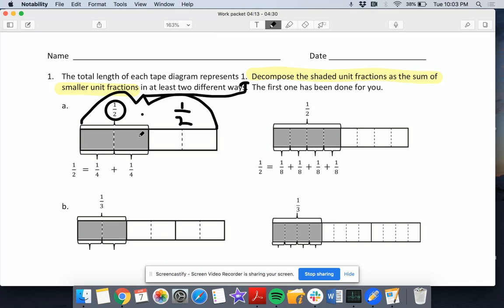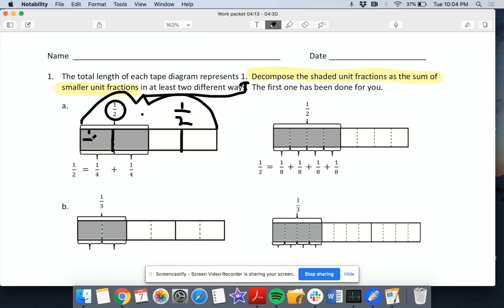How can we make those boxes even smaller? How can we decompose to even smaller number sentences and unit fractions? Well, let's just divide down the middle. And that's what these dashed lines represent. They're just telling us to divide down the middle. So now our unit fraction is not 1/2, is it?